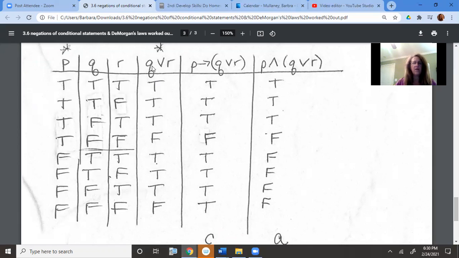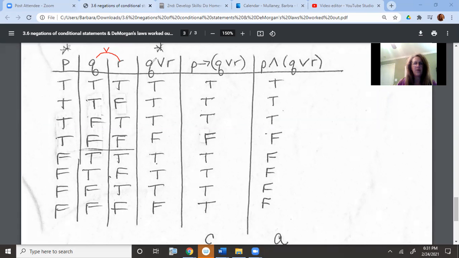So Q or R is false only when both of them are false. I'm going to annotate my screen. I like to use color or stars or whatever just to see which columns I'm looking at. Here's Q and R, and it's Q or R. I want to see which case this is false.